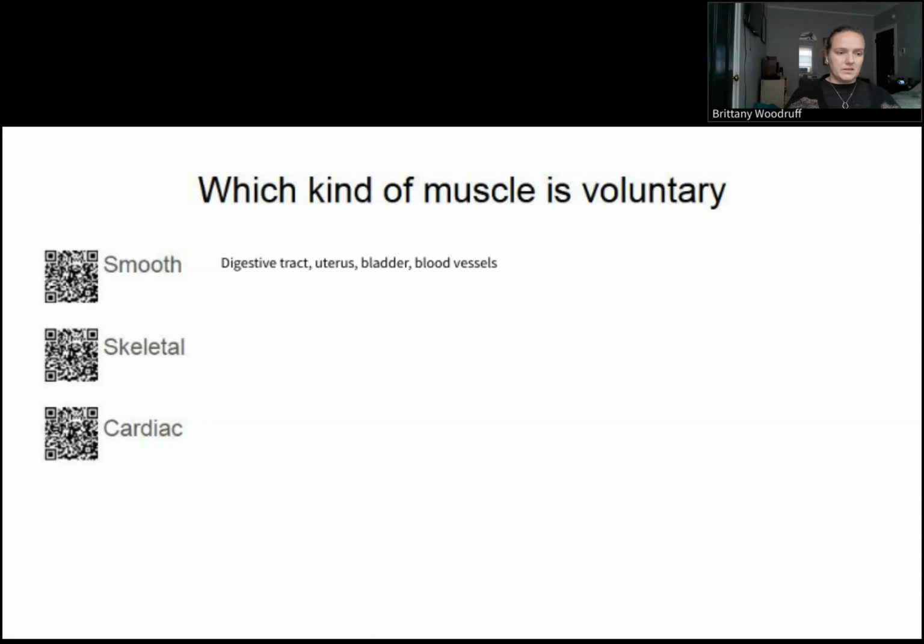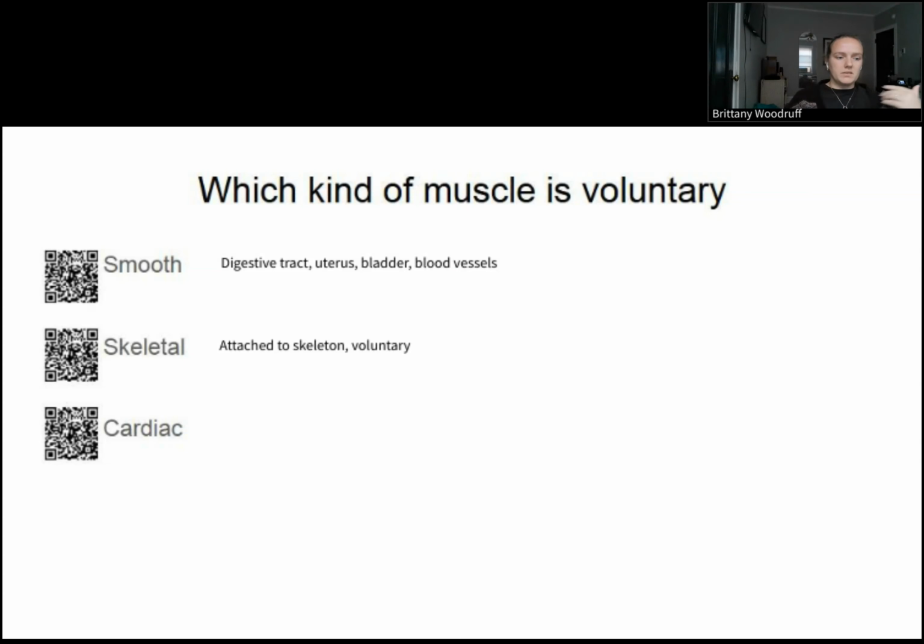Skeletal muscle, on the other hand, is going to be found attached to your skeleton. Now, with the skeletal muscle, if I want to write something, I can will my body to do that, right? I can decide I want to do something with my skeletal muscle.